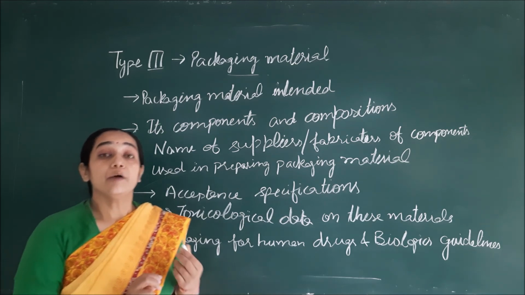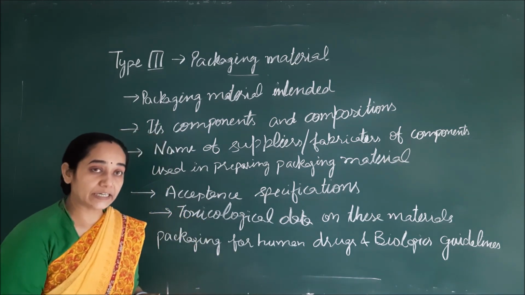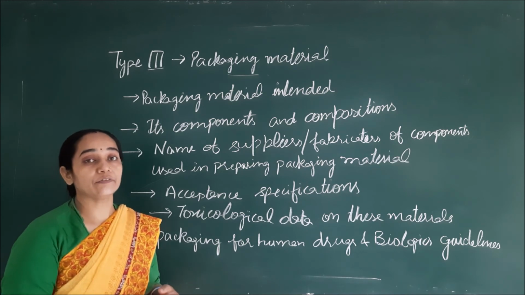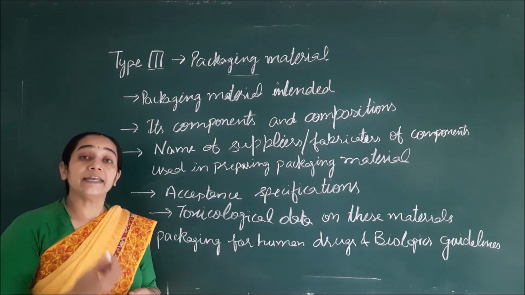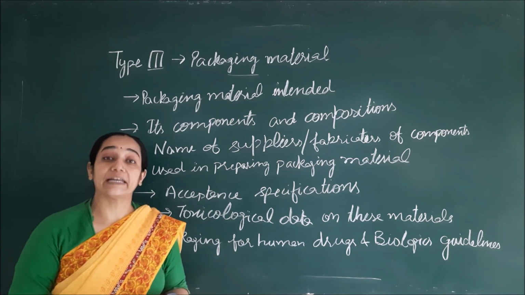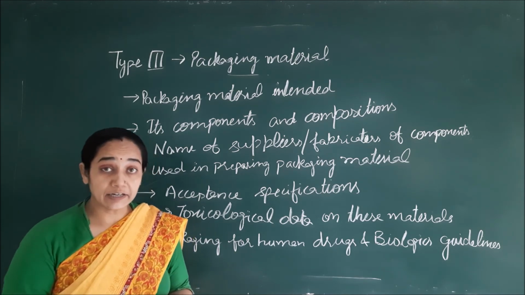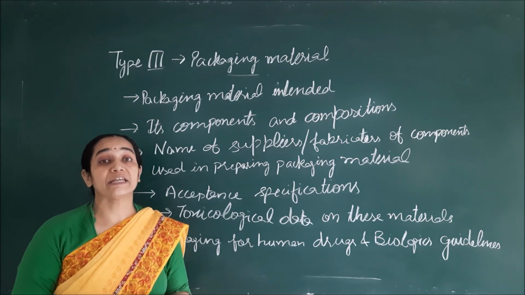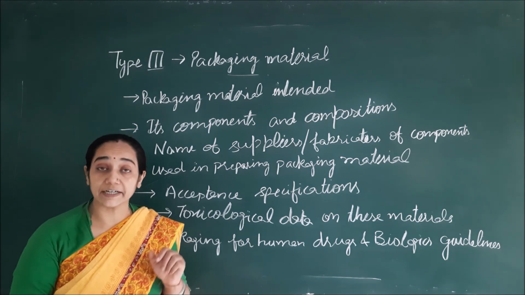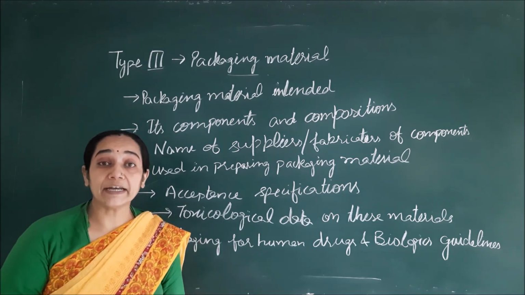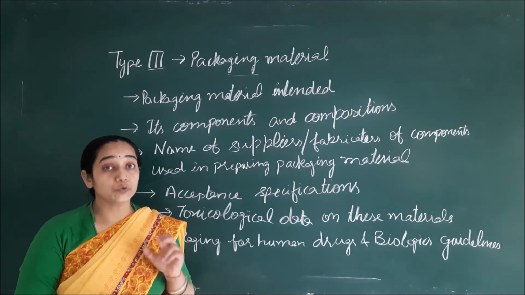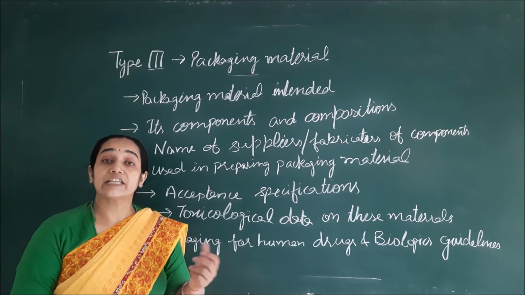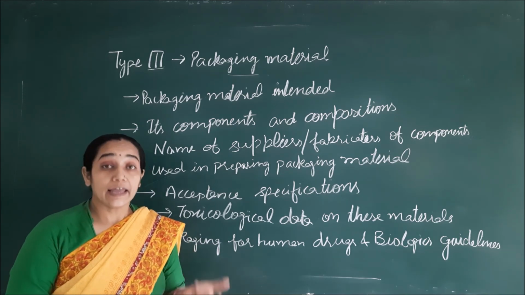For example, packaging material could be glass, plastic derivative or metal derivative. For example, in case of aerosol preparations, metallic containers are used. In case of liquid formulations dispensing like eye drops, plastic containers are used. In case of parenteral product dispensing, we use plastic containers as well as glass containers.